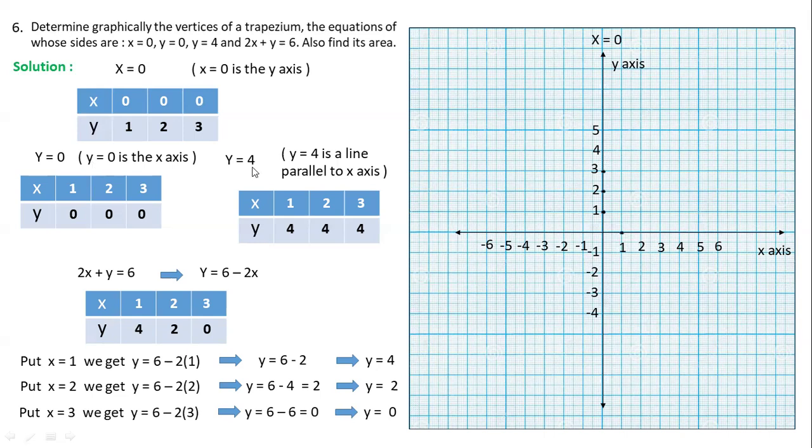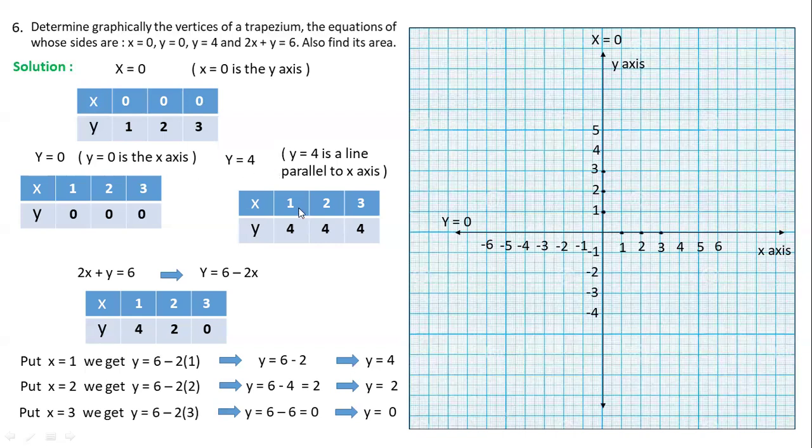X is 2, y is 0, it is here. X is 3, y is 0, it is here. This line, y is equal to 0, is nothing but the x-axis. Clear? So x is equal to 0 is nothing but the y-axis, and y is equal to 0 is nothing but the x-axis. So from this, whatever you remember, we are getting it correctly.